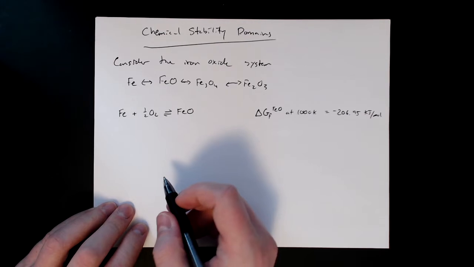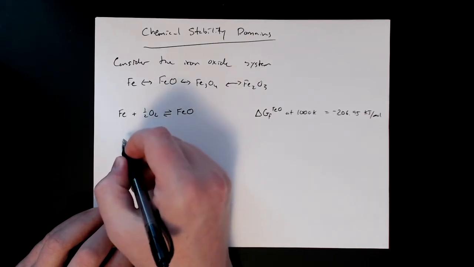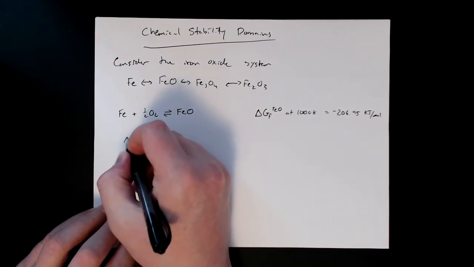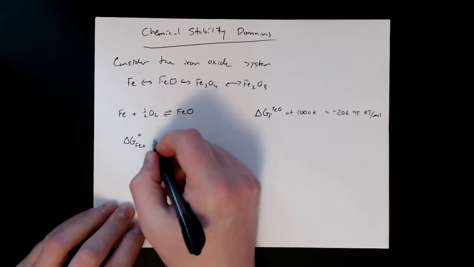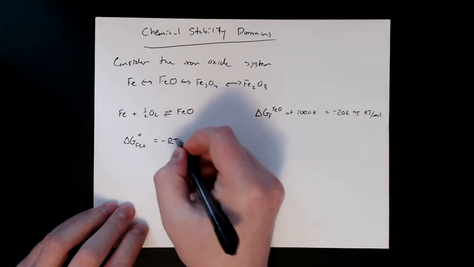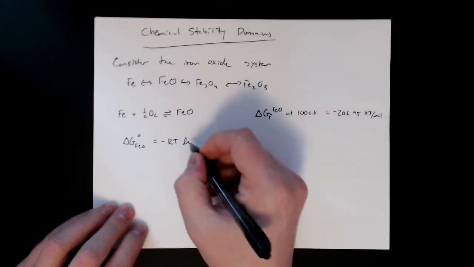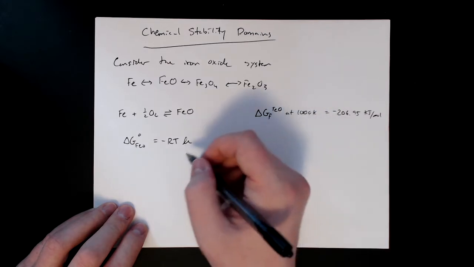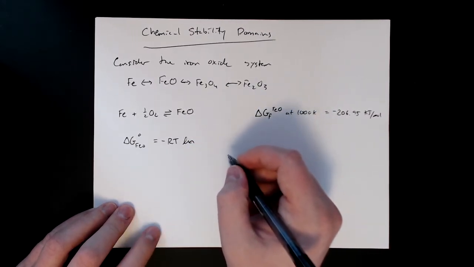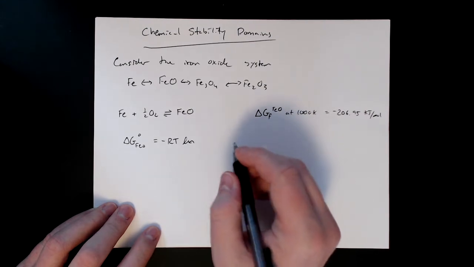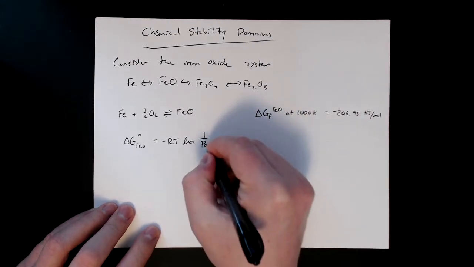So let's write our expression. At equilibrium, the expression for free energy simplified to the reaction in its standard state is equal to minus RT natural log of the mass action expression, or equilibrium constant. And for this reaction, we solved it in the previous example to be 1 over PO2 to the 1/2.